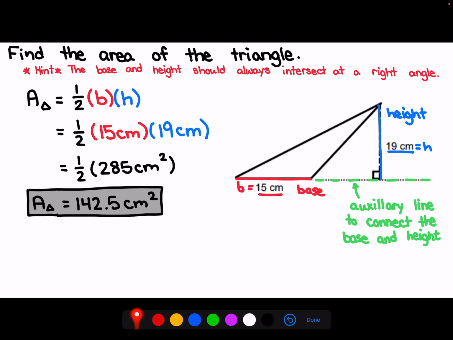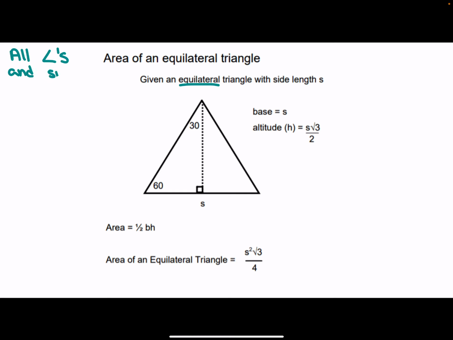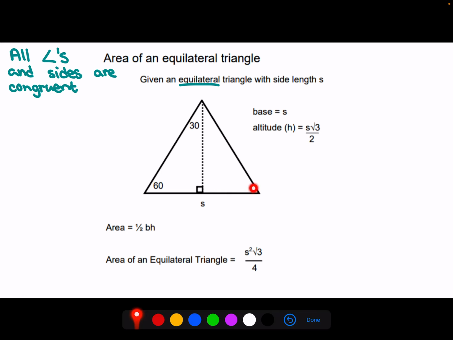All right, now let's focus in on equilateral triangles for a minute. The area of an equilateral triangle can be found using the equation side squared times radical 3 over 4. Now the way that we get here is by using special right triangles. So first off, if it's equilateral, we know that equilateral triangles have all sides and angles being congruent, meaning that each angle is 60 degrees and each side length is s.